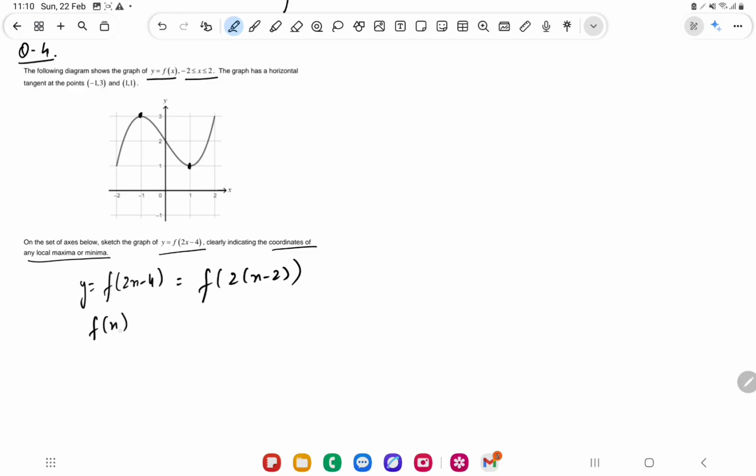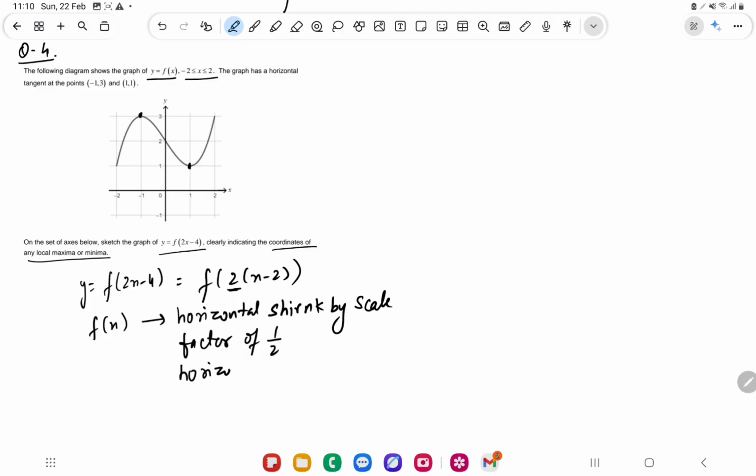It means my original function f(x) has a horizontal shrink by a scale factor of half because there is a 2 here, followed by a horizontal translation of 2 units to the right.